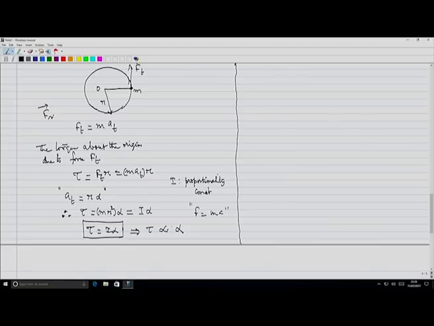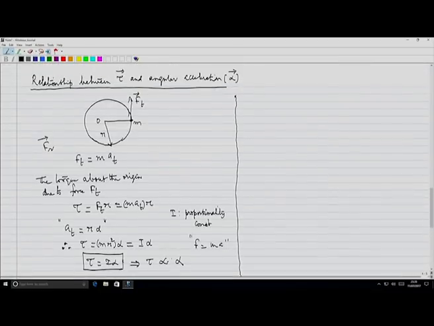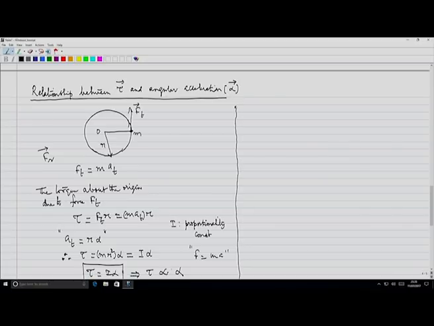Now we extend the discussion to a rigid body of any shape but rotating about a fixed axis.